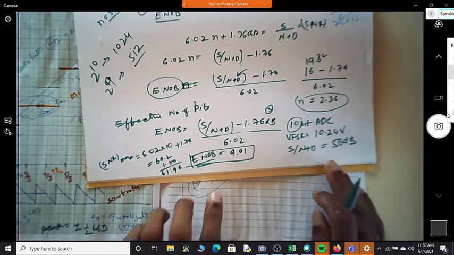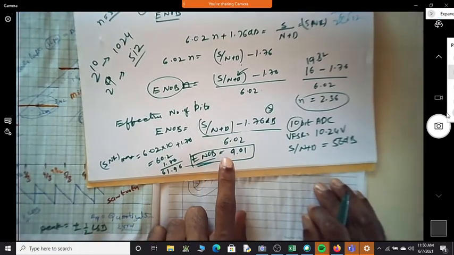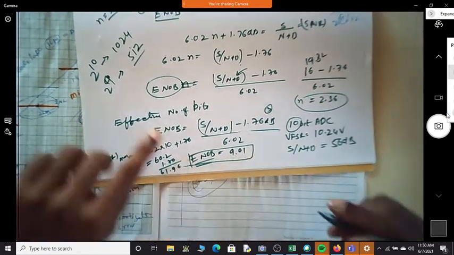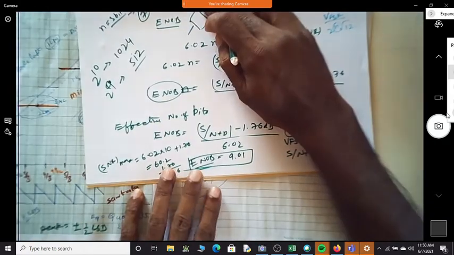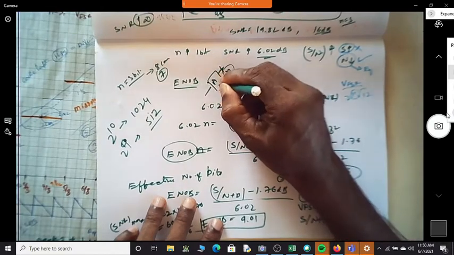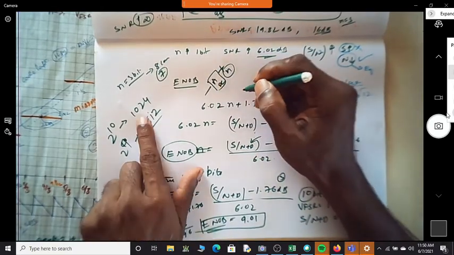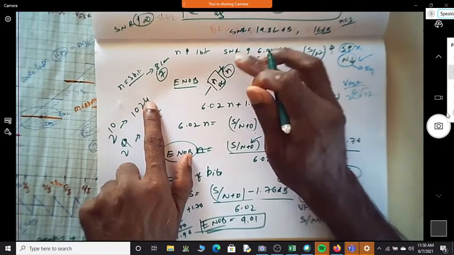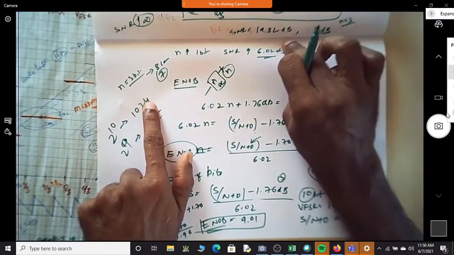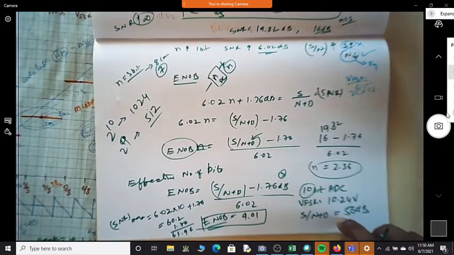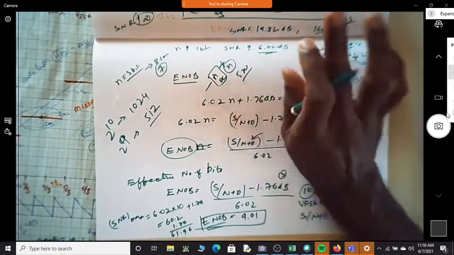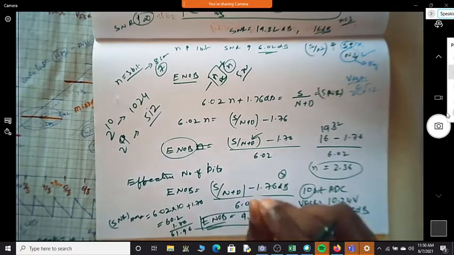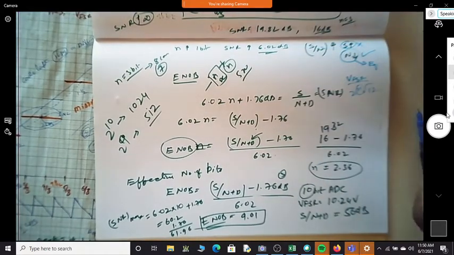See now, if the effective number of bits is 9, even though you have 10 lines for this ADC, you will not get 1024 different combinations. Why? The noise is so high that you will get hardly 512 combinations, because it is 9.01, maybe slightly more than 512 combinations. Getting the point now?